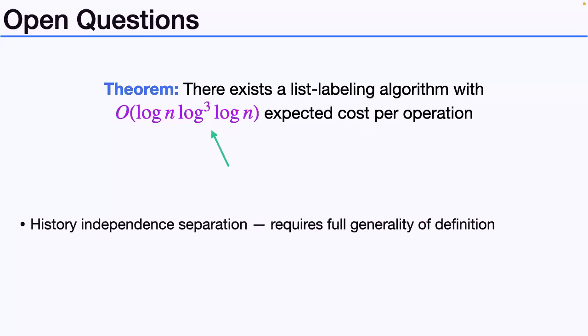So this would be a separation because we show the history independent lower bound and then a history dependent upper bound. However, there's an additional technical wrinkle because of the thing I mentioned where the data structure only depends on the number of elements. It's not the full generality of the history independence definition, where you could also consider keys. So there's something additional to work out there to turn our results into a provable separation.